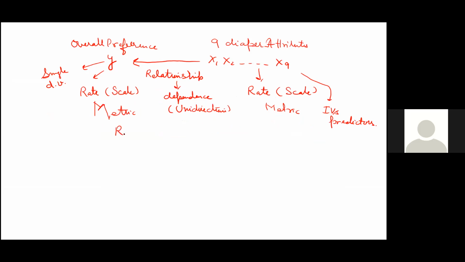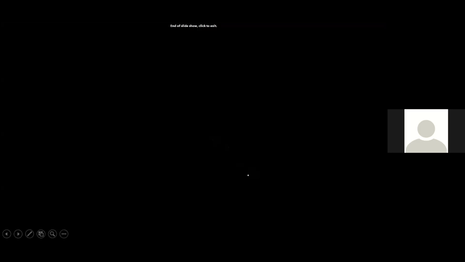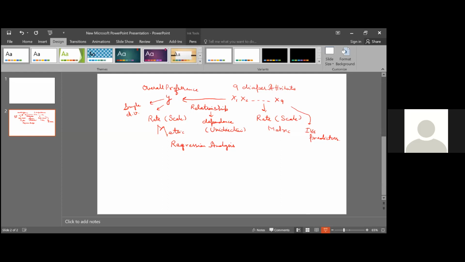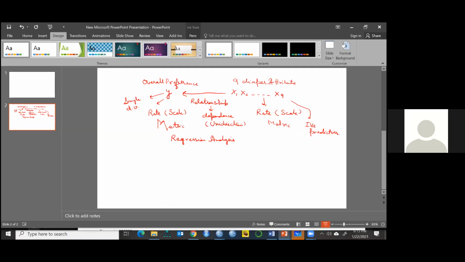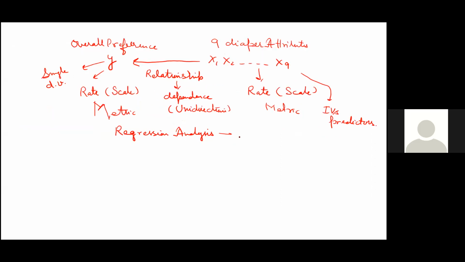This scenario is used for the regression analysis. Right? So as someone has asked, what do we mean by regression analysis? Regression analysis is a type of relationship study, where we have single dependent variable.